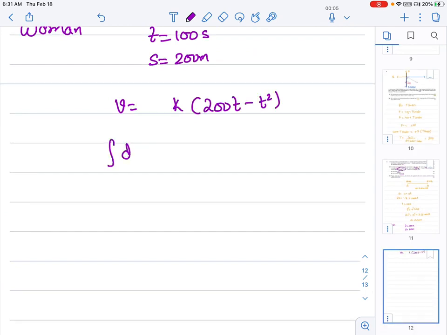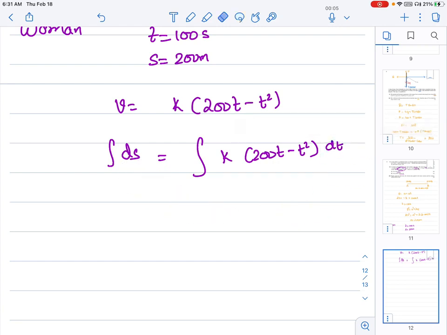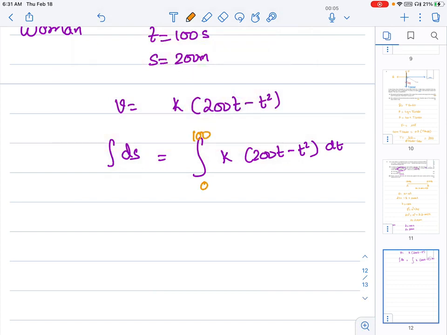So if I do the integration of this one, velocity means ds upon dt, k times 200t minus t square. Move this dt to the other side. So I get the distance, and the distance between the limits 0 to 100 should be equal to 200, which is equal to k times 200t squared by 2 minus t cubed by 3 from the limits 0 to 100.